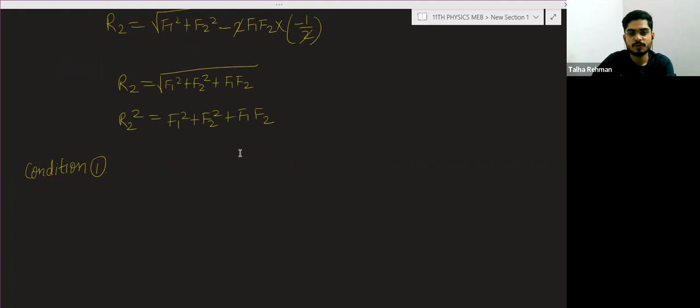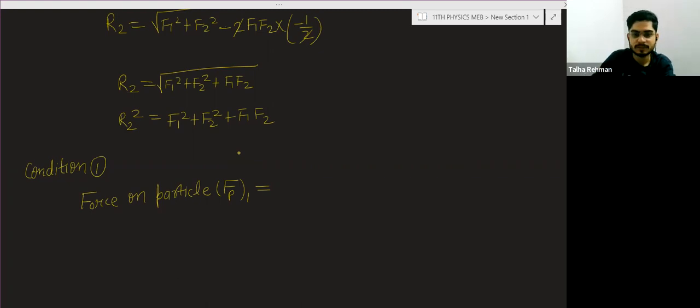So for the condition 1, the force on the particle for the condition 1 is equal to R1.